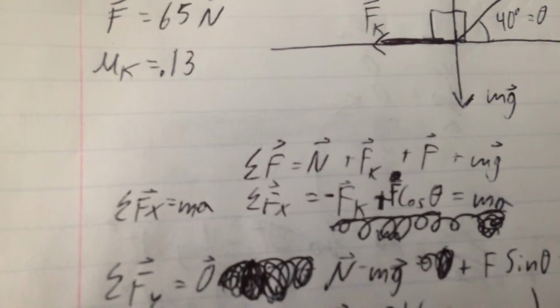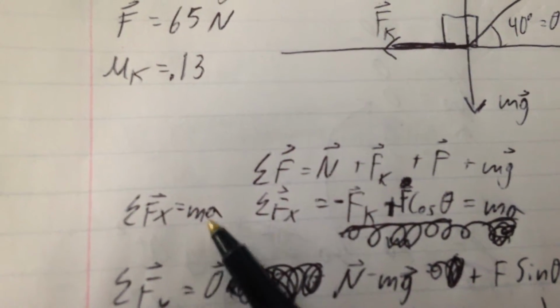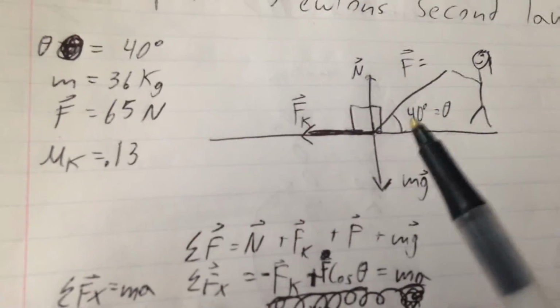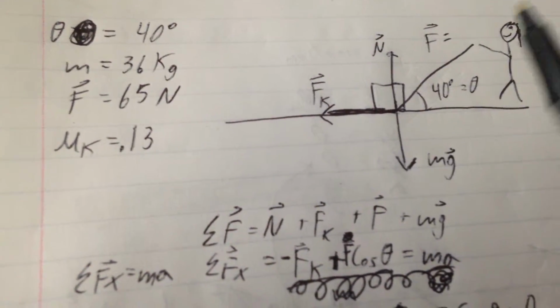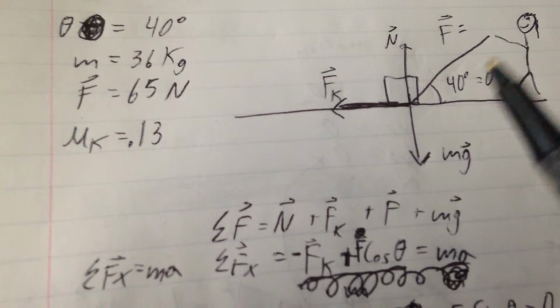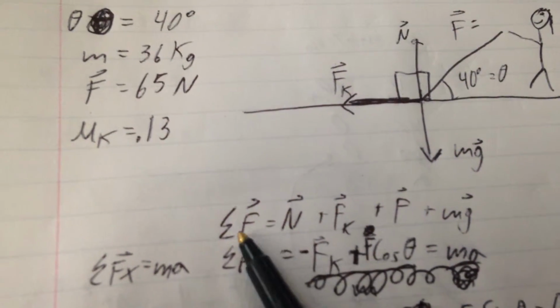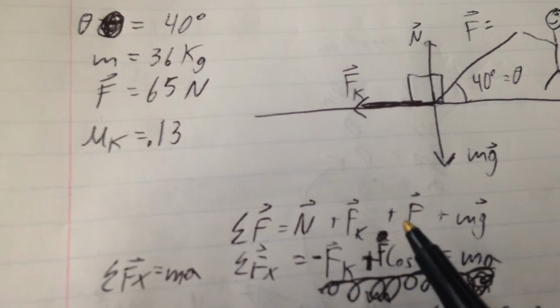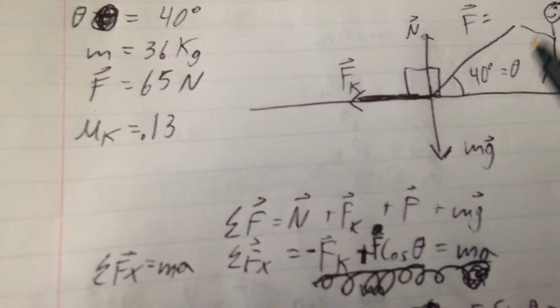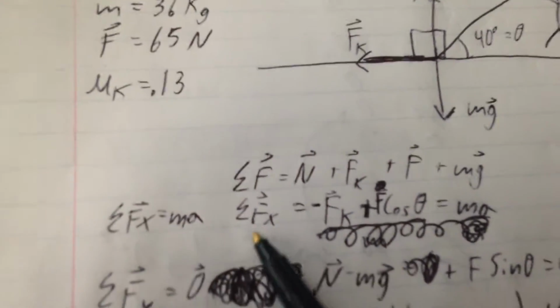You have the sum of forces in the x direction equal to mass times acceleration, because it's being pulled and it's not constant. It's not in equilibrium. So the sum of the forces equals normal force plus kinetic friction plus the force being pulled plus mass times gravity.